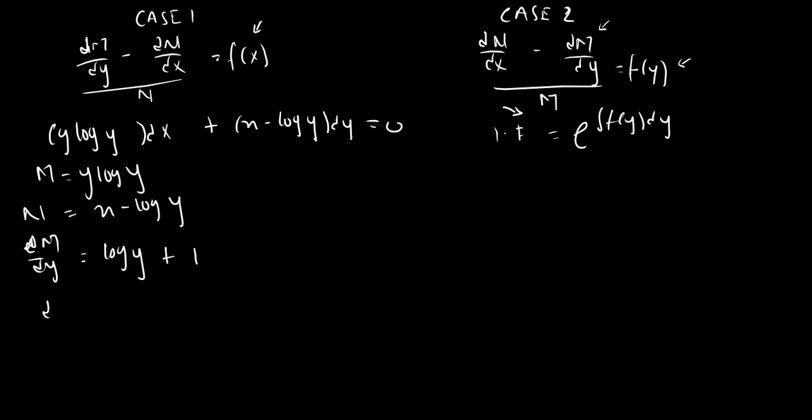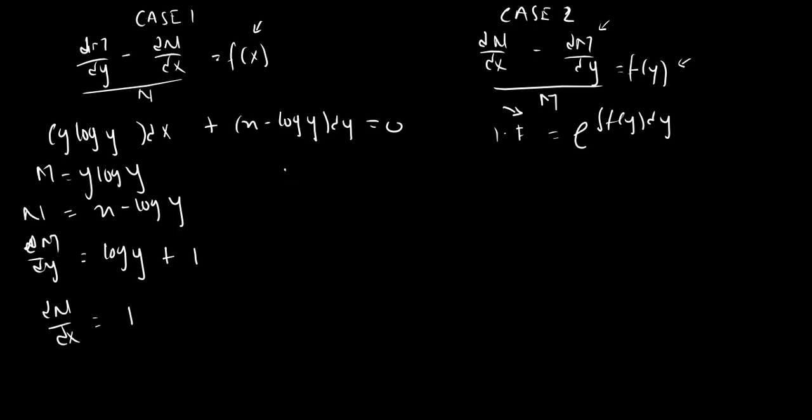Then we take dN/dx: the derivative of x is 1, and the derivative of log y is 0, because there is no variable of x in that part of the question. So now you can check dM/dy, and you can see that it is not equal to dN/dx, so we're going to go to case 2, and we're going to solve using case 2.